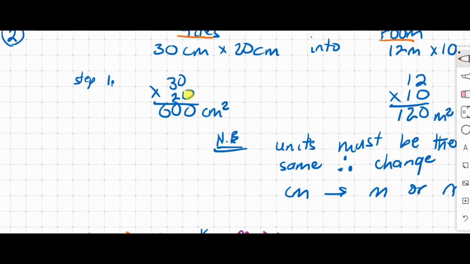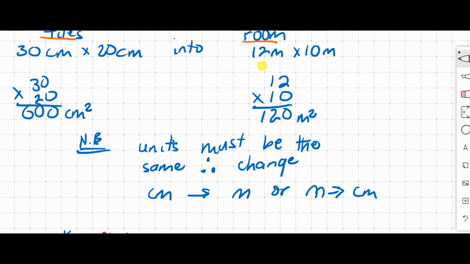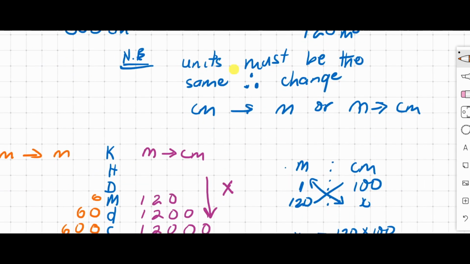Do the same thing now for the room: 12 meters multiplied by 10 meters gives 120 meters squared. They say that the units must be changed to the same.